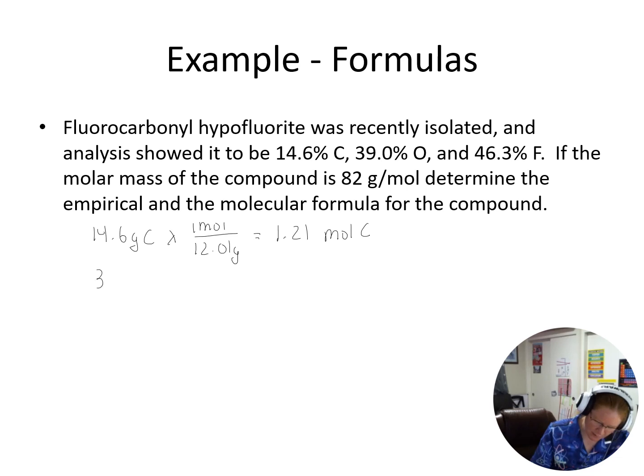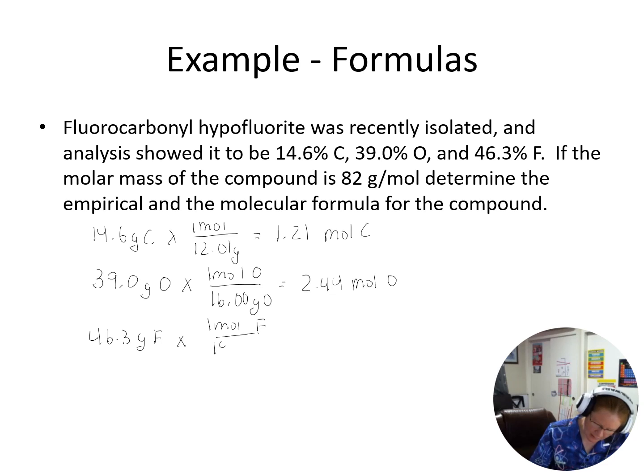Our mass percent of oxygen becomes our grams, so 39.0 grams of oxygen, 1 mole of oxygen in 16 grams. We'll get 2.44. And then we will get 46.3 grams of fluorine, 1 mole of fluorine in 19 grams.